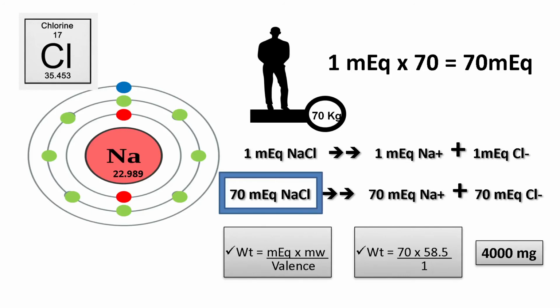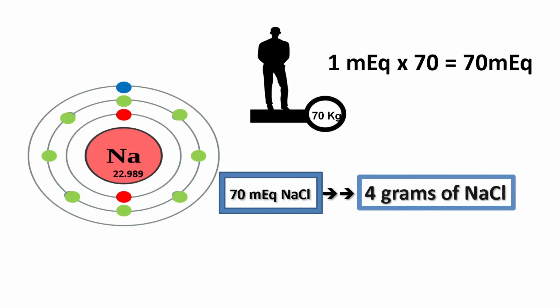We get a value of 4000 milligrams. So that is the reason 4 grams of salt will give us sodium of value 1 milliequivalent per kg per day. This applies to a man weighing around 70 kg.